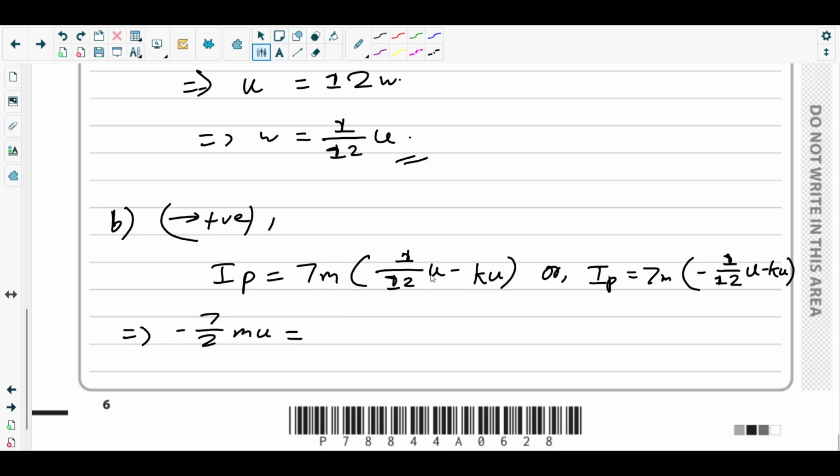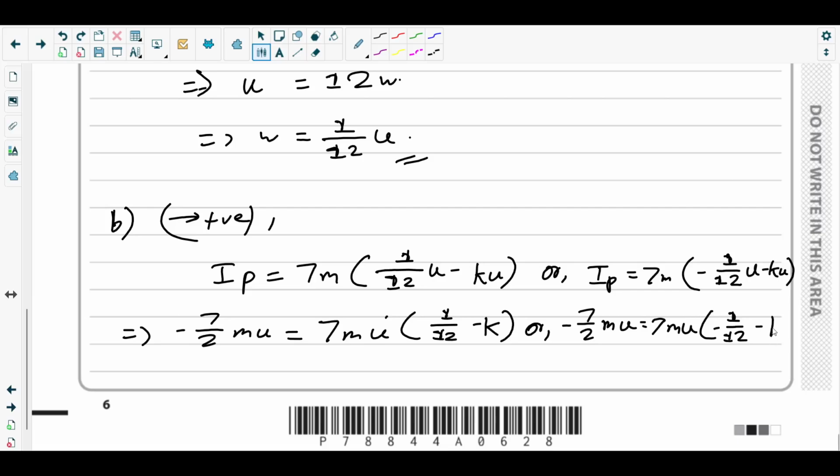Okay, you can take u common from there, right? Rather than multiplying, let's take u common. So negative 7 over 2 mu equals to 7 mu times (1 over 12 minus k), or 7 mu times (negative 1 over 12 minus k).